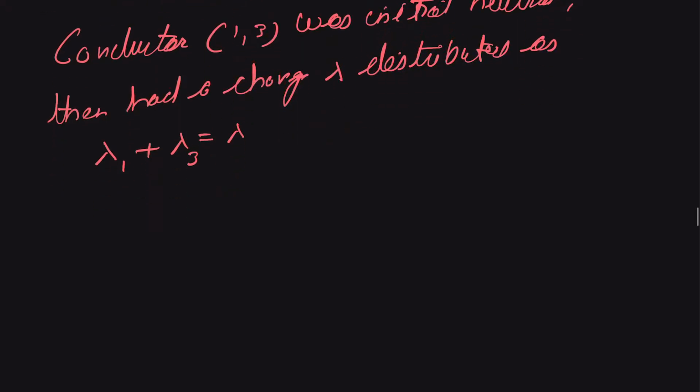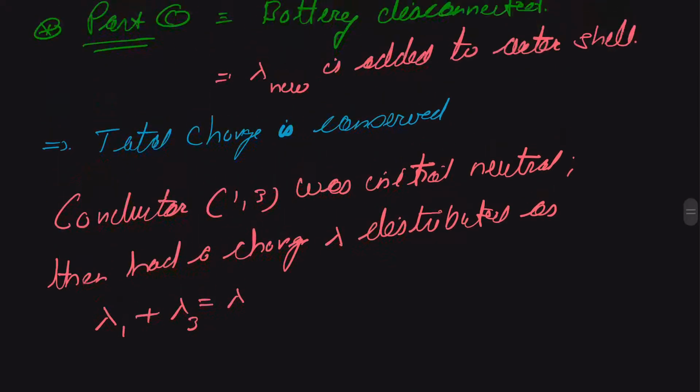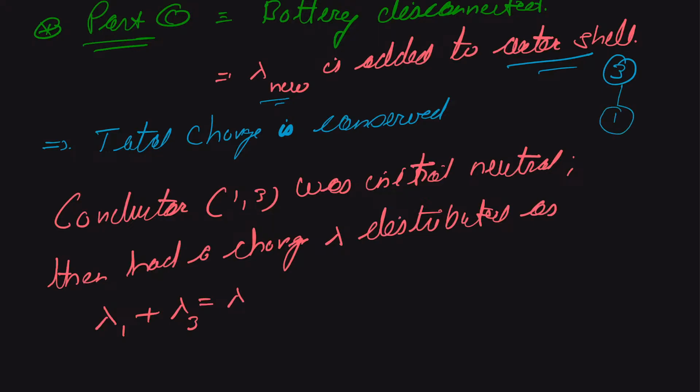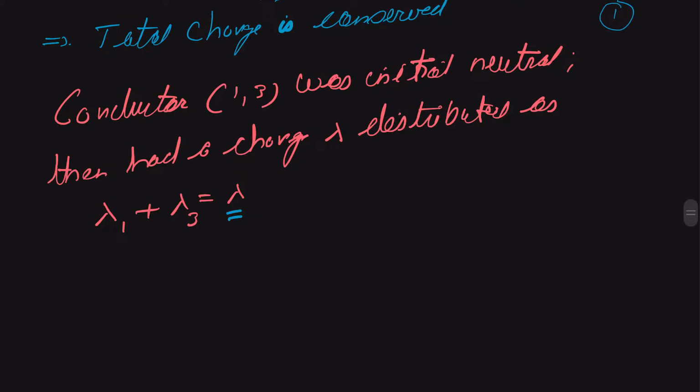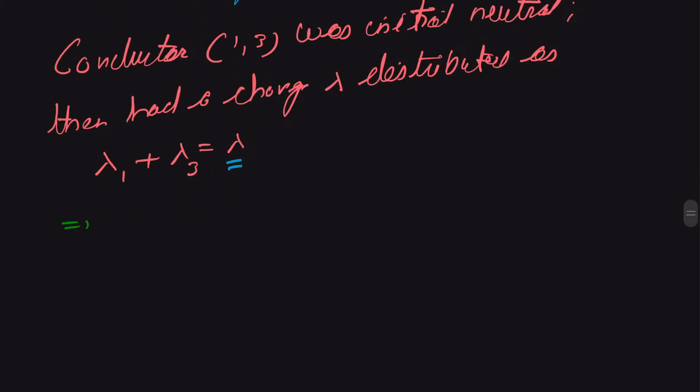Now we are given that lambda nu is added to the outer shell, and this outer shell is shell number 3, and shell number 3 is connected to shell number 1. Initially this shell number 3 had a charge density of lambda, and now we are giving a new charge, lambda nu, to shell number 3.